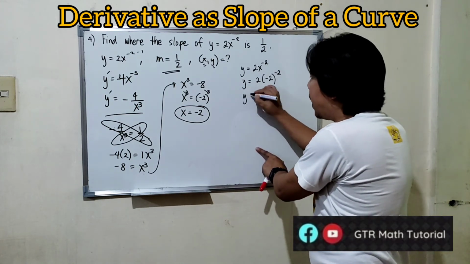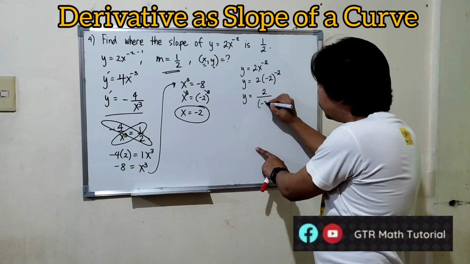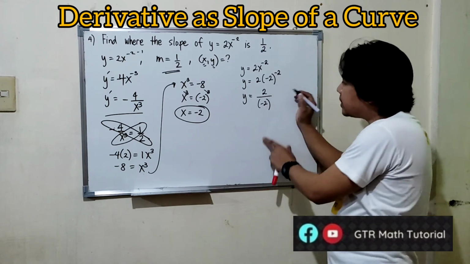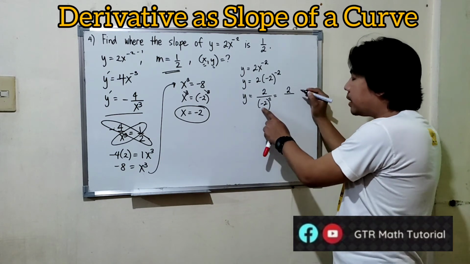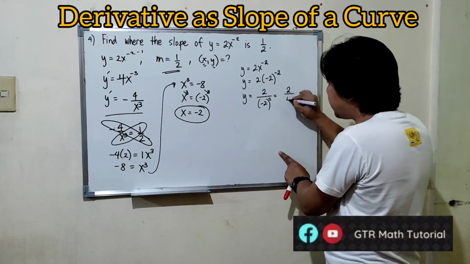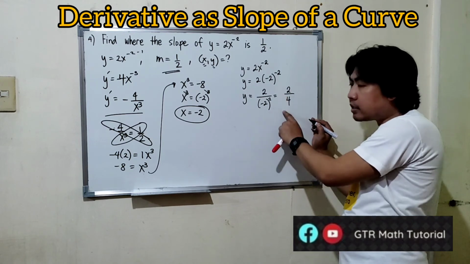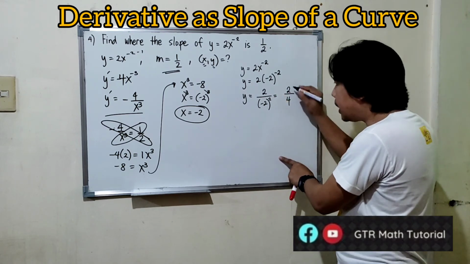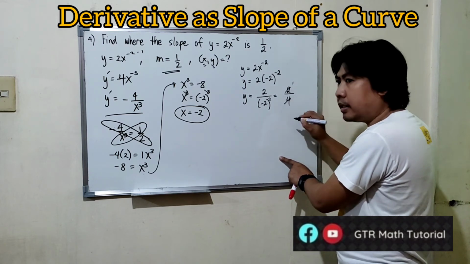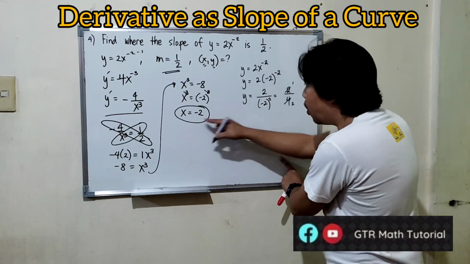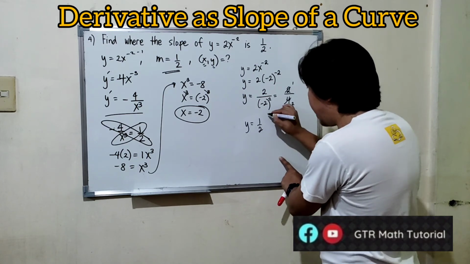Therefore, y equals 2 over negative 2 raised to positive 2. Simplify: 2 over negative 2 times negative 2, which is positive 4. Reduce to lowest terms by dividing the numerator and denominator by 2: 2 divided by 2 is 1, and 4 divided by 2 is 2. So when x equals negative 2, y is equal to 1/2.